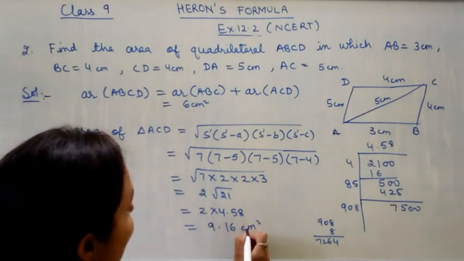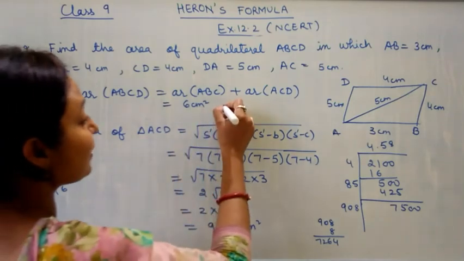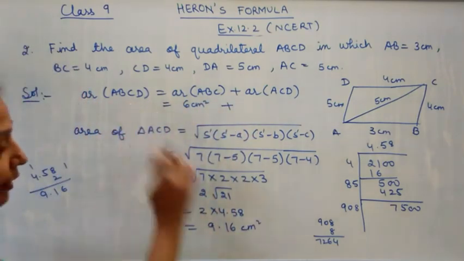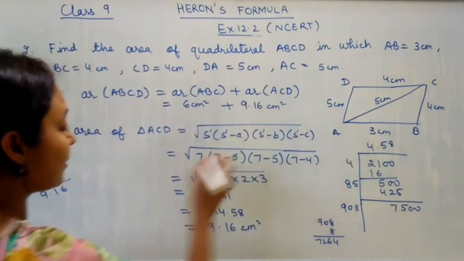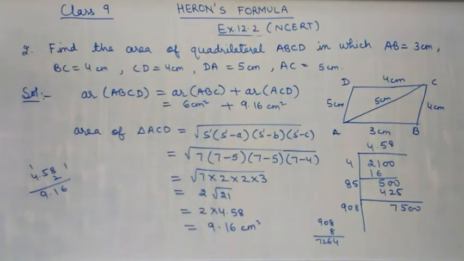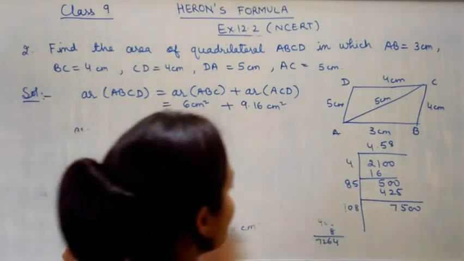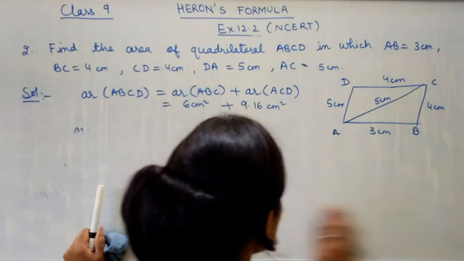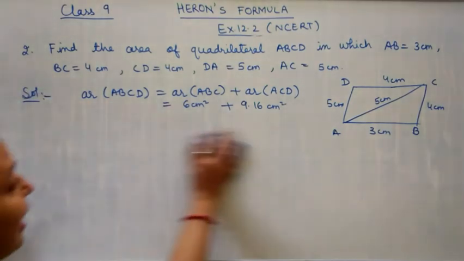So I will take centimeter square. This is the area of ACD. Now to find the area of the quadrilateral, I will put the value of these two areas in the equation which we wrote in the beginning.